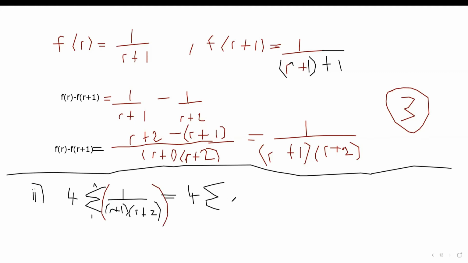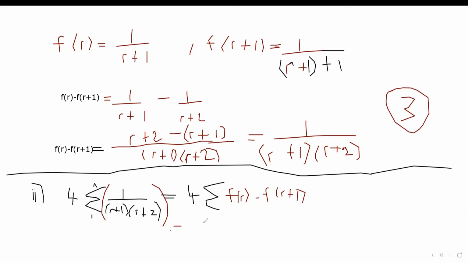So this is 4 times the sum of f of r minus f of r plus 1. Then we can actually work it out now.